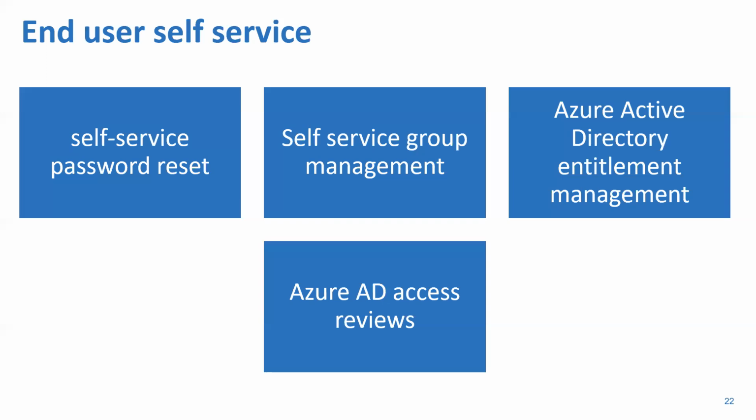He should be part of another group which has certain permissions on Dropbox. He should be part of, let's say, a readers group which has certain permissions on SharePoint, right? So if you want such permissions assigned to that user, then you use entitlement management, right?